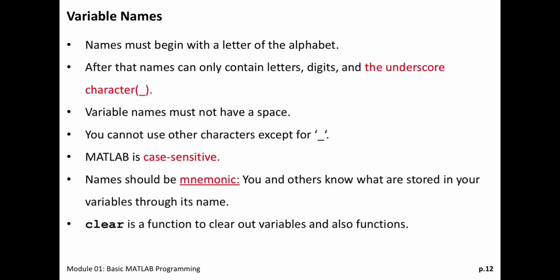Here's the naming convention of variables. All names must begin with a letter of the alphabet. Only letters, digits, and underscores are allowed. This is the only symbol that you can use in variable names. These underscores help to define a mnemonic name.